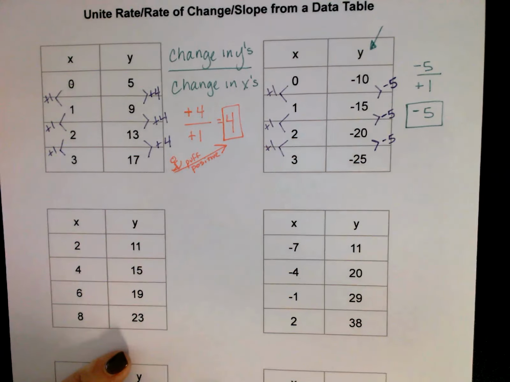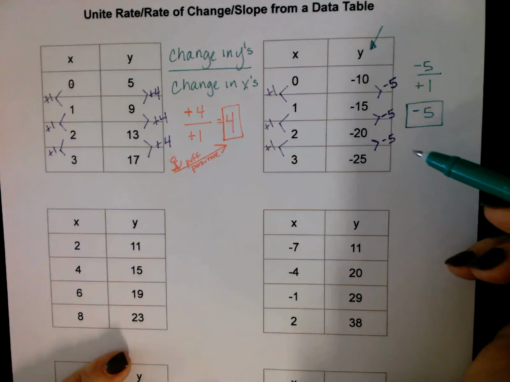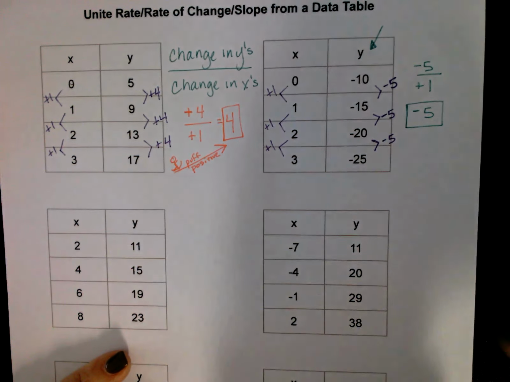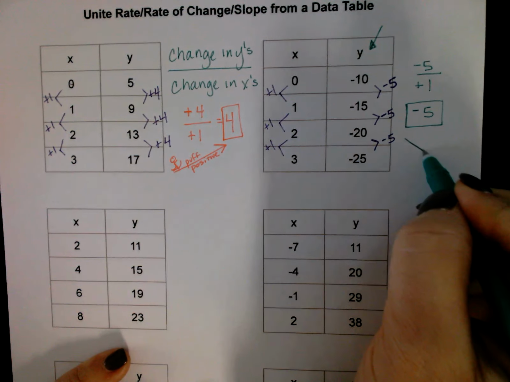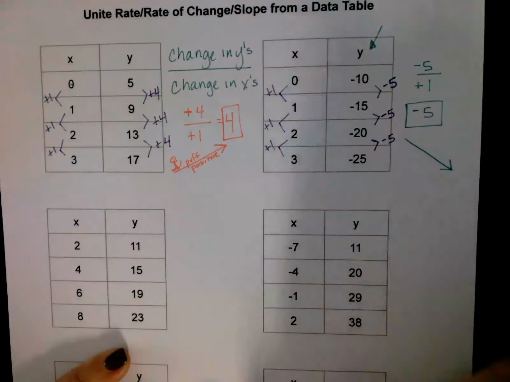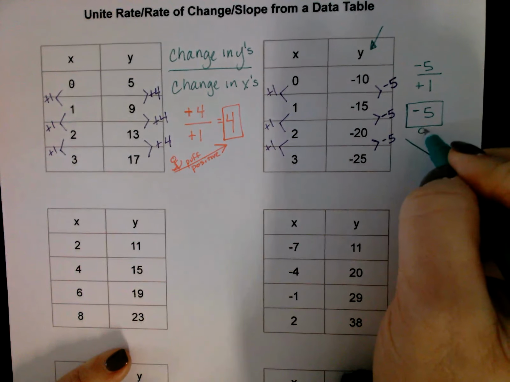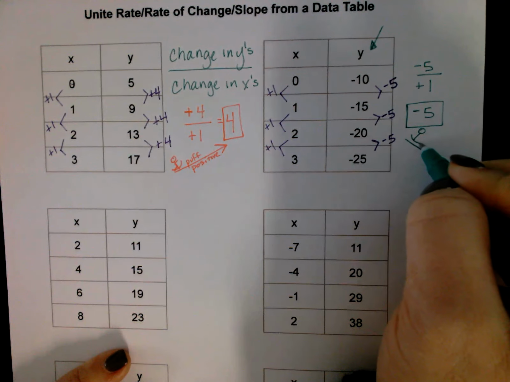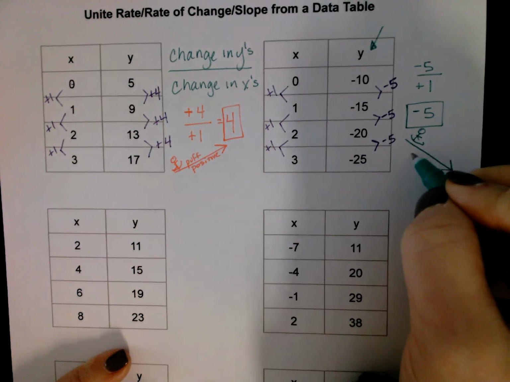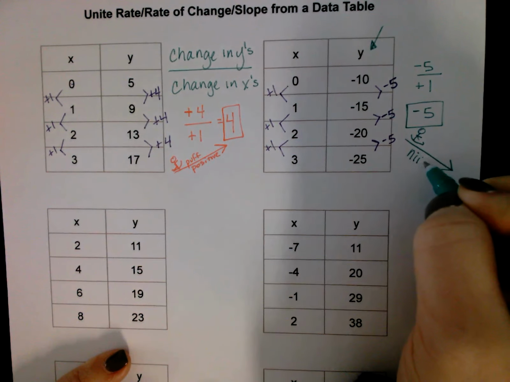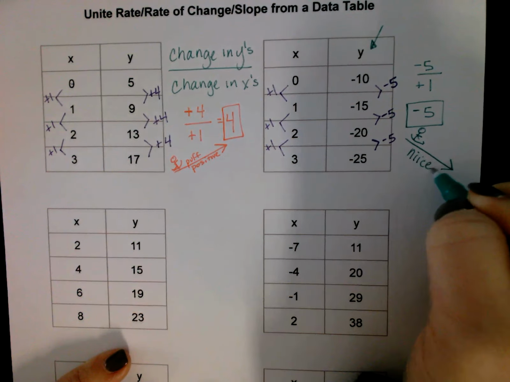If I wanted to create a story problem with this, someone is spending $5 a week, losing 5 pounds a week, something like that. It is negative. So when we start graphing, we know that this change is negative, so that would be a nice negative on our graph.